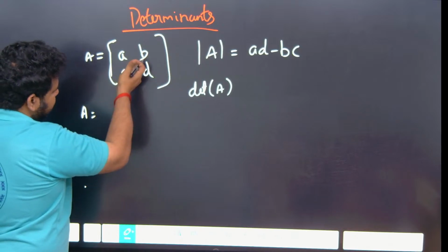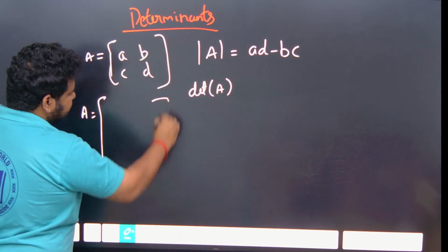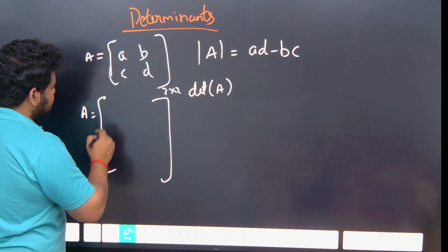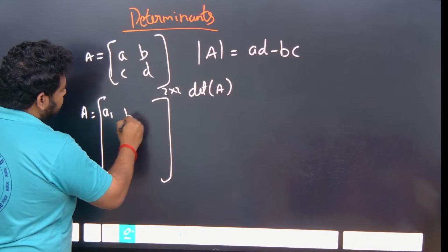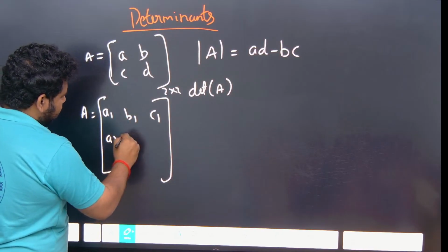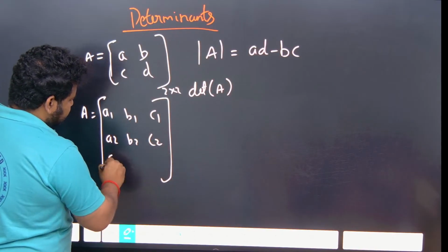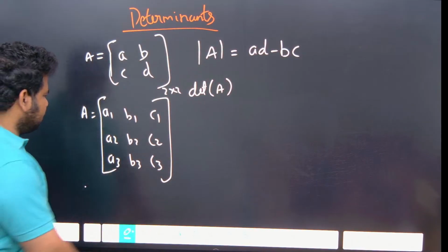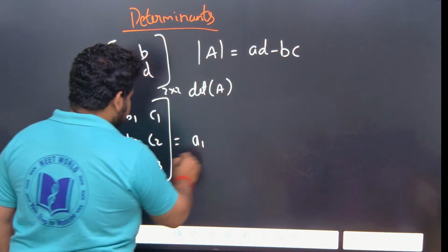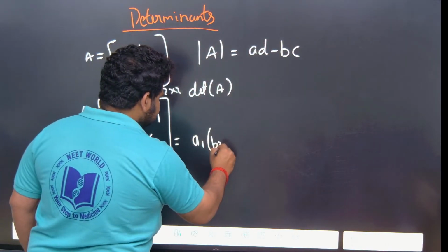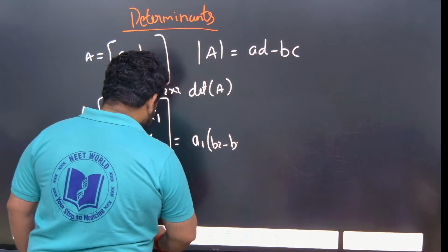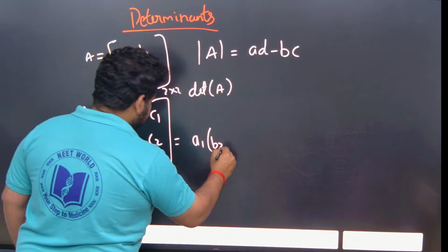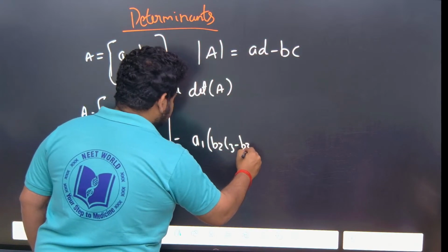Now if I take a 3 cross 3 matrix with rows A1 B1 C1, A2 B2 C2, A3 B3 C3, first you take A1 into (B2 into C3 minus B3 into C2).